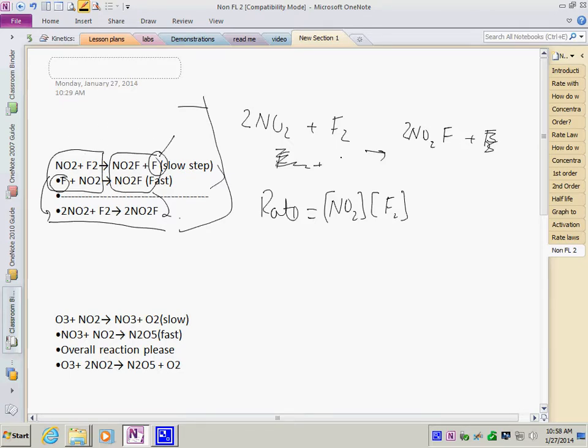Now, the slow step is the step that controls the reaction. If I were to write out the activation energy chart for this, it would be as follows. I would have 2 steps, therefore 2 bumps, 2 activation energies. The first one would be the slowest. The slower your step, the bigger the crest on that activation energy.